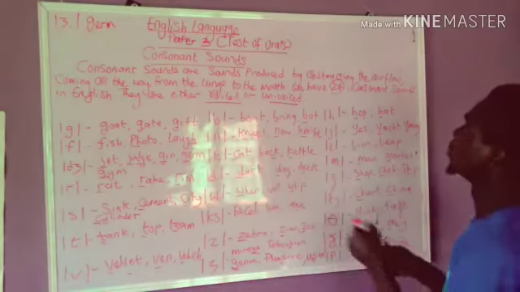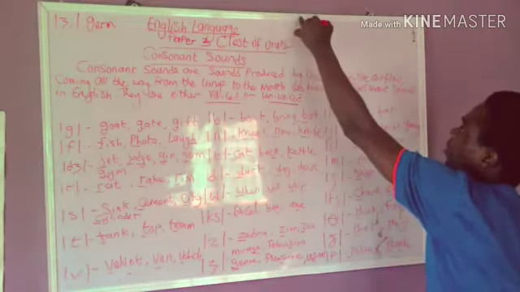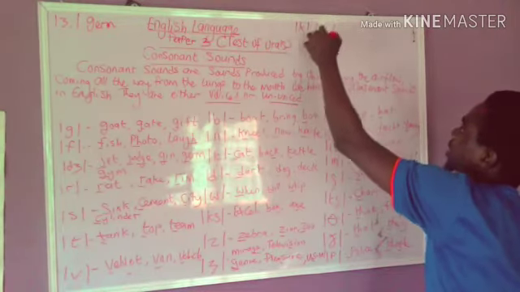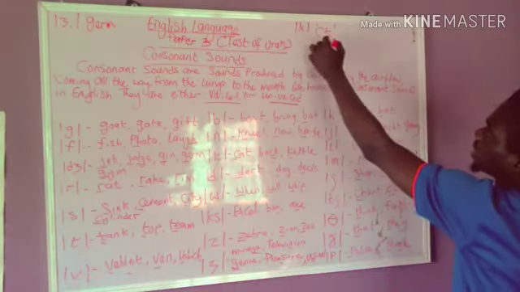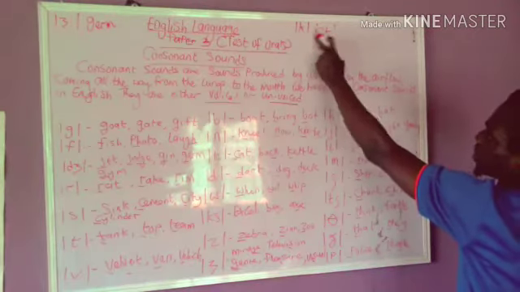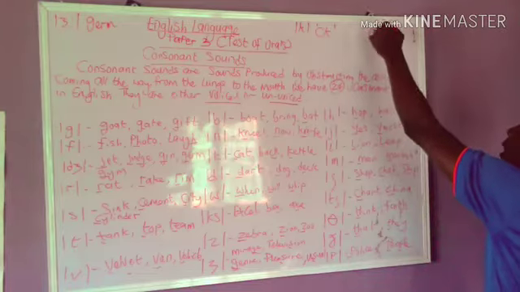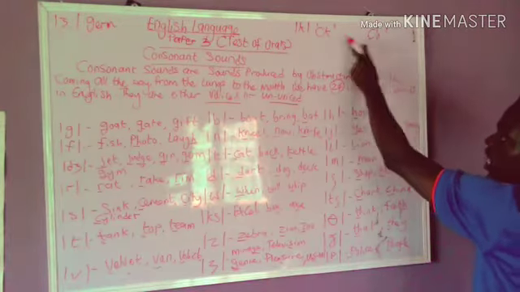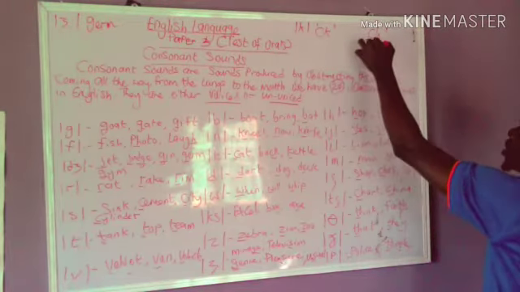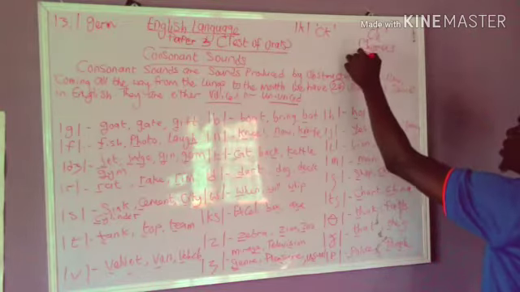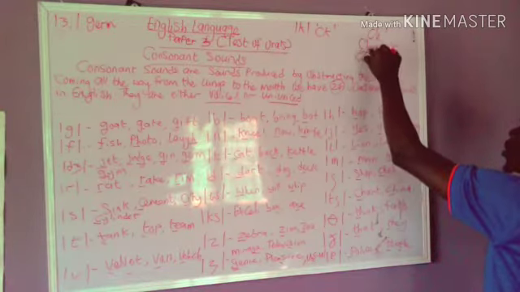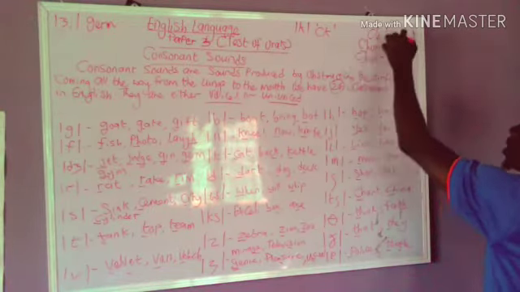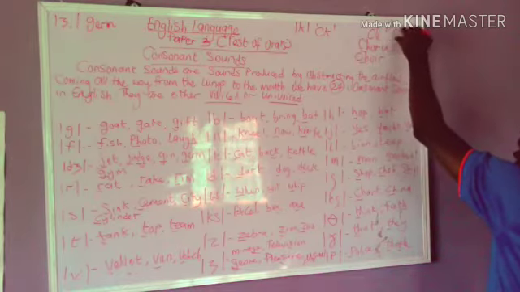Now you need to note something about this sound. We always write it this way because letter C can give you this sound and letter K as well can give you this sound. Also, some words with CH can give you this sound, such as chorus, choir, chemists.